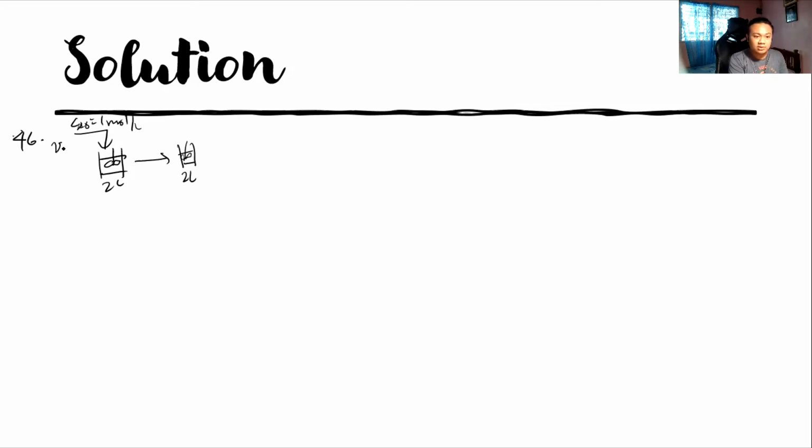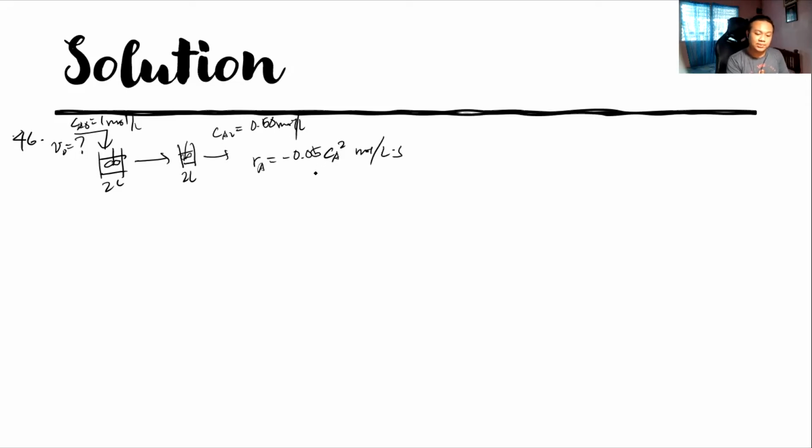And then we are to find the VO. Yan. And then we also know that the final concentration here is 0.5 mol per liter. And we are also given the rate equation, Ca2 mol per liter per s.